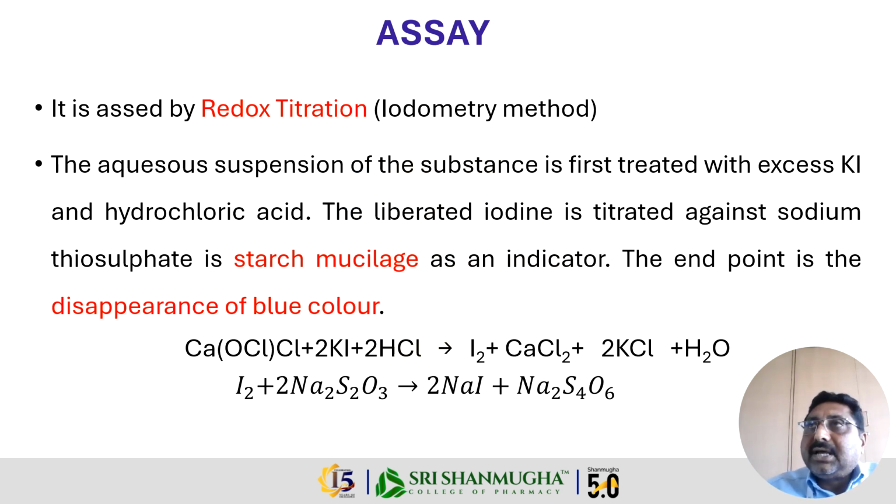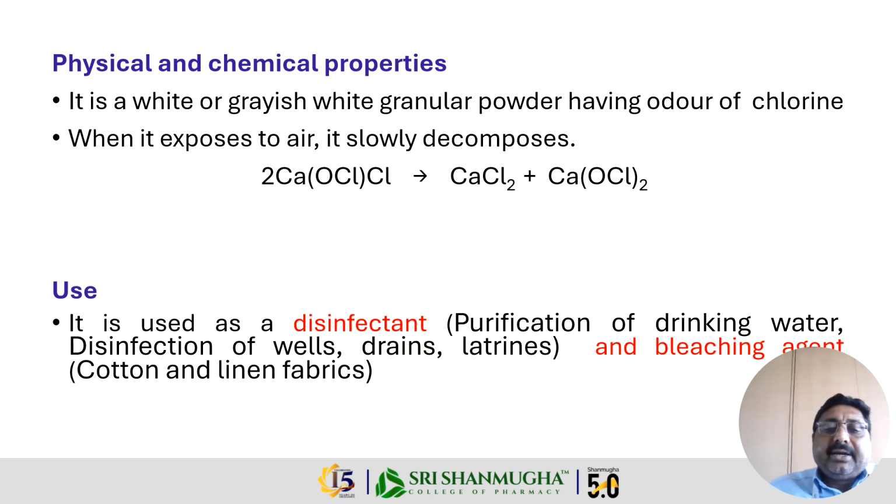So what is iodometric titration? Usually in the iodometric titration, iodine will be liberated. The liberated iodine is determined by titration against sodium thiosulfate using starch mucilage as indicator. Clear?